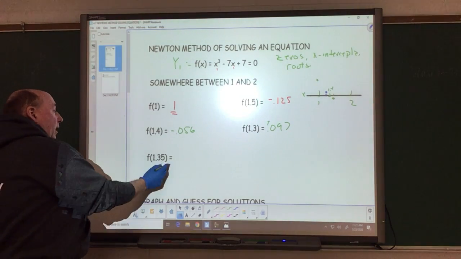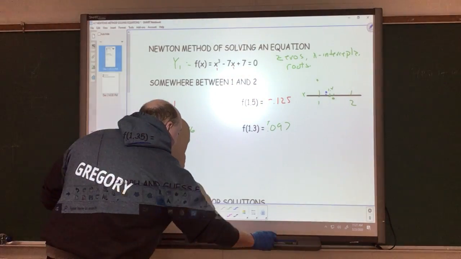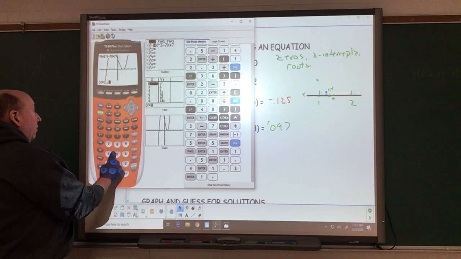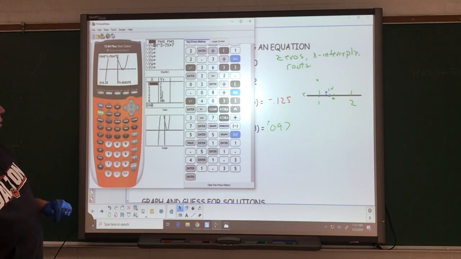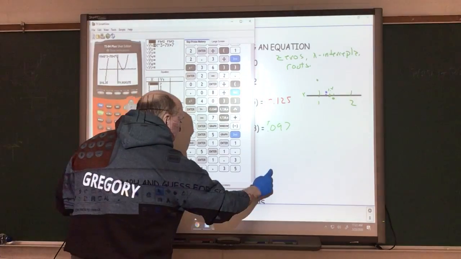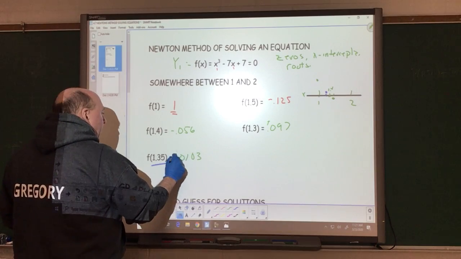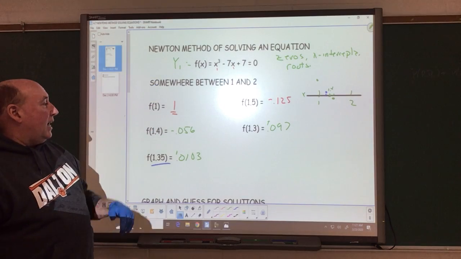Well, let's try halfway between them, 1.35. If we put in the value of 1.35, we get a positive 0.0103. This is a positive value, which means I'm still above the x-axis.